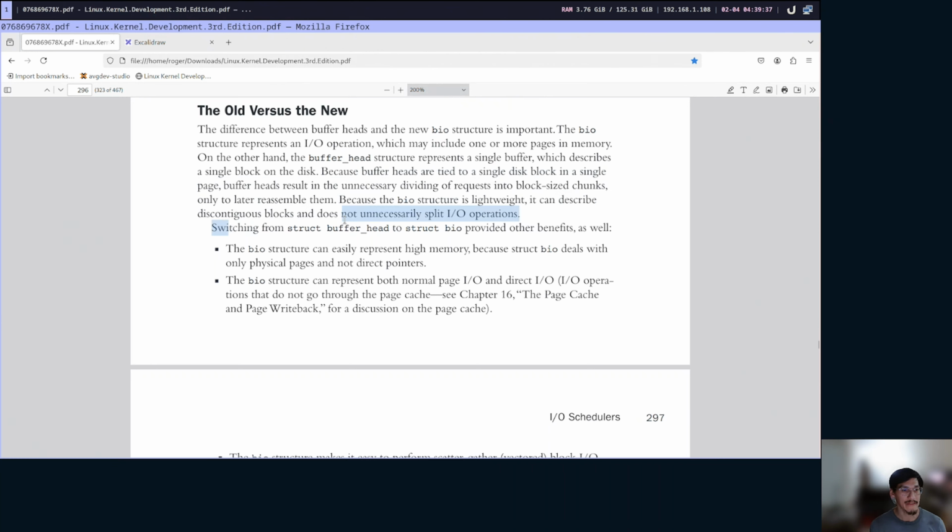Switching from struct buffer_head to struct bio provided other benefits as well. First, the bio structure can easily represent high memory because struct bio deals with only physical pages and not direct pointers. And then the bio structure can represent both normal page I/O and direct I/O, which is I/O operations that do not go through the page cache. And we'll learn that in chapter 16, the page cache and page writeback, okay?